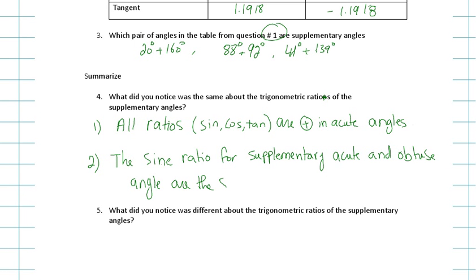When we're talking about the sine ratio, it's going to be positive for both acute and obtuse supplementary angles.